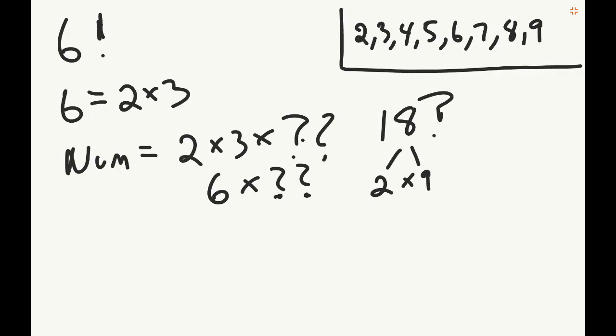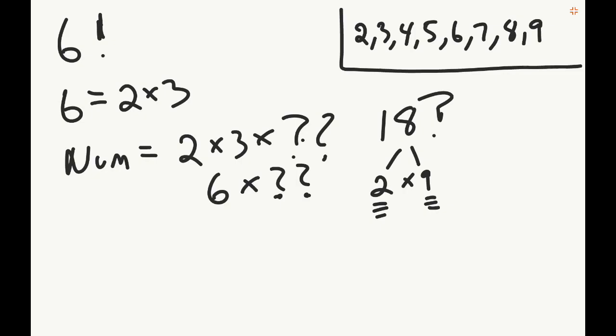Figure out if the number is a multiple of 9, which we haven't done quite yet, but we will in a bit, and a multiple of 2. If it's both, then you know it's a multiple of 18. So you can extend this all the way down the number line if you want, but usually you're not asked to know whether a number is a multiple of 18, so don't worry about that too much.